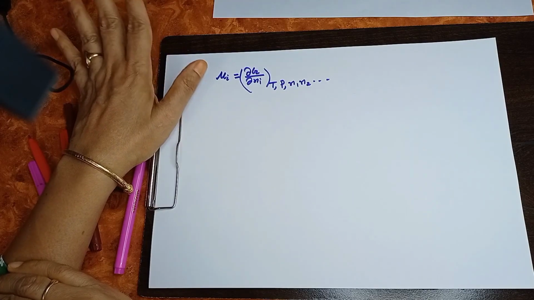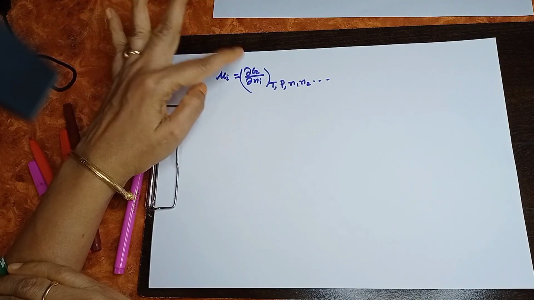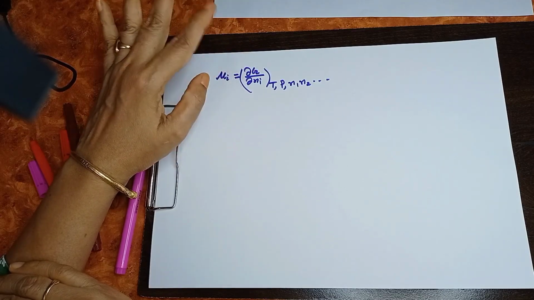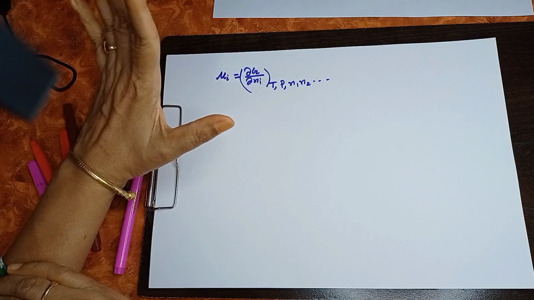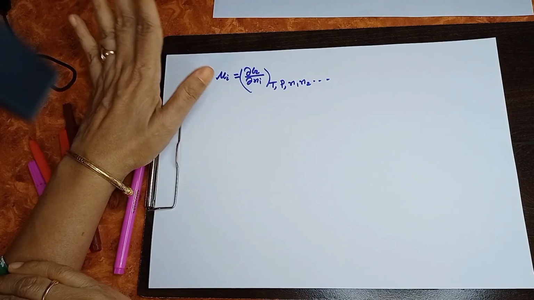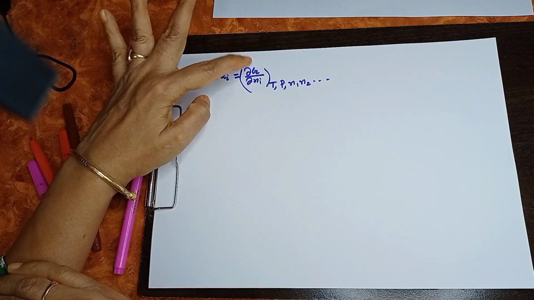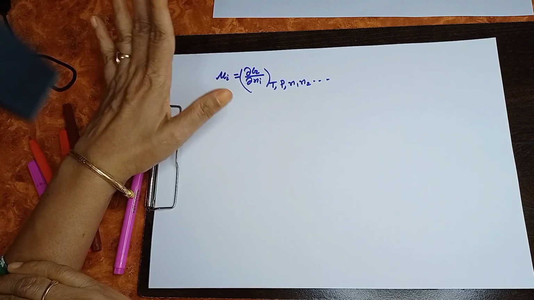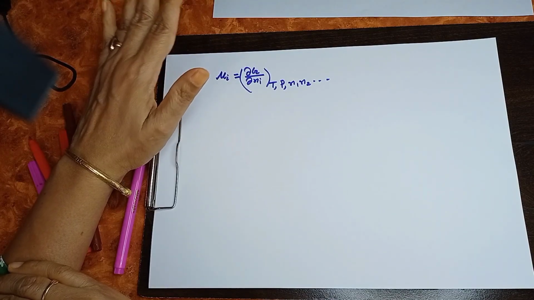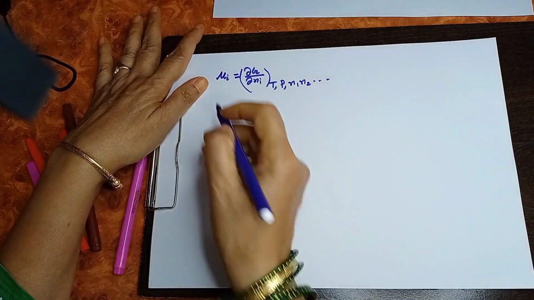That is chemical potential, and this is partial molar Gibbs free energy. This Gibbs free energy is an extensive property, but this chemical potential, which is the ratio of two extensive properties, is an intensive property. Remember this.